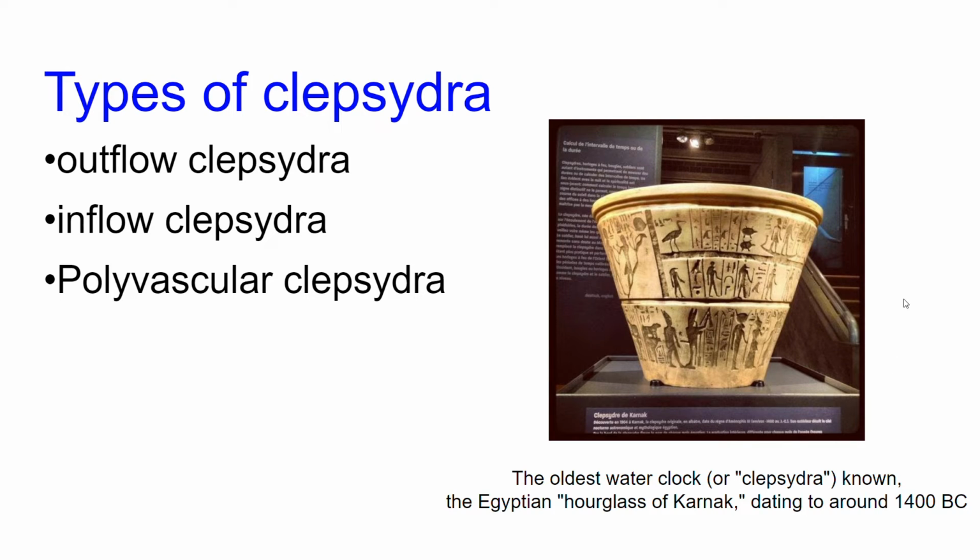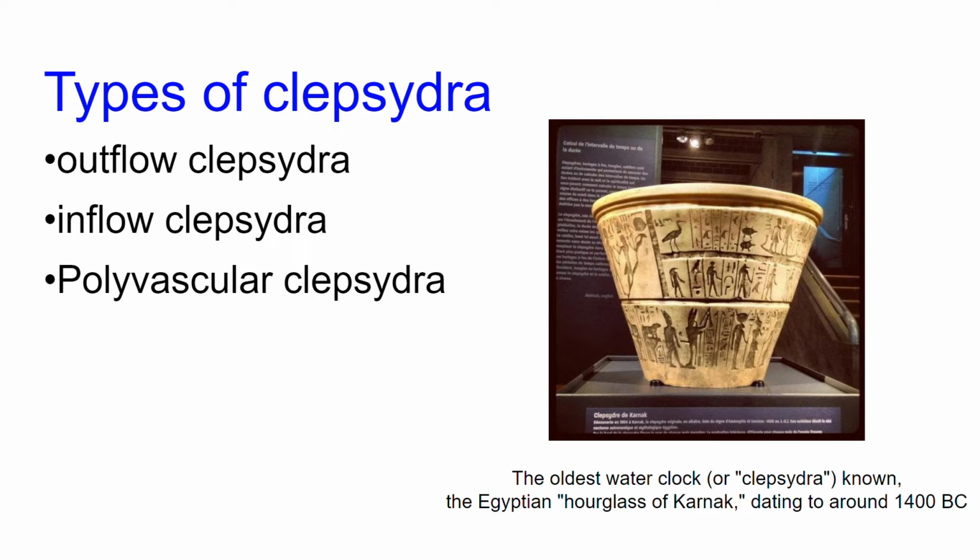There are many kinds of clepsydra. The first one is the simplest, the outflow clepsydra, in which the water flows out from the container, and then we can know the time from the surface and the scales of the container. The second one is the inflow clepsydra, which is similar to the outflow clepsydra.